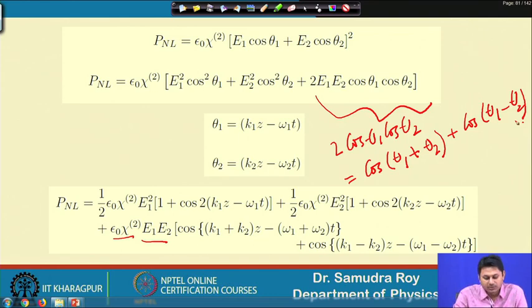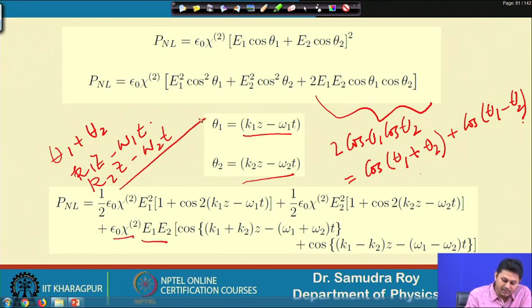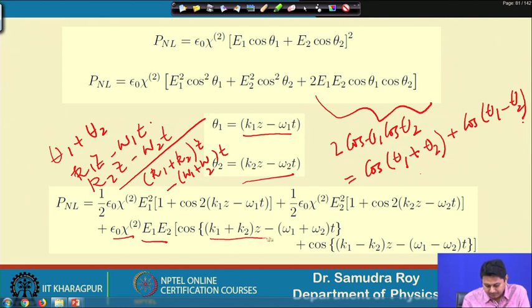Now, theta 1 plus theta 2: theta 1 is this, theta 2 is this. So, it is simply k 1 z minus omega 1 t plus k 2 z minus omega 2 t. If I add these two things, then I will have (k 1 plus k 2) z minus (omega 1 plus omega 2) t, which is exactly this term, the first one.